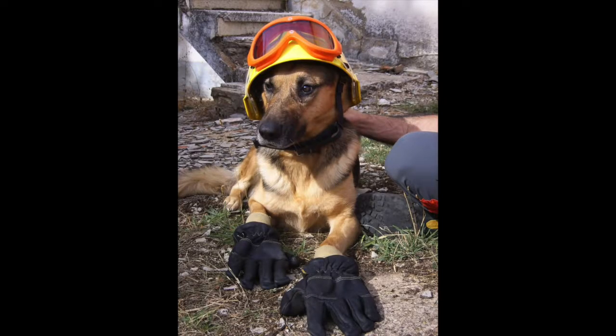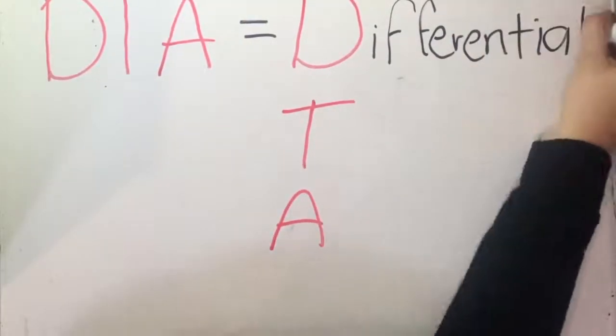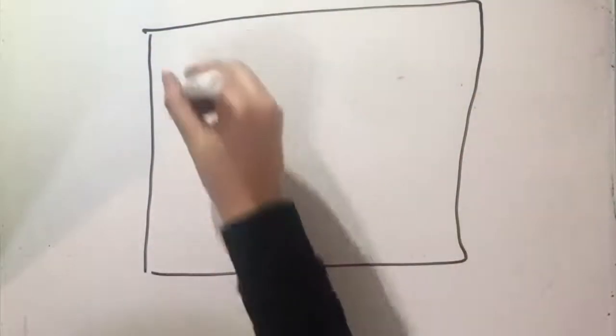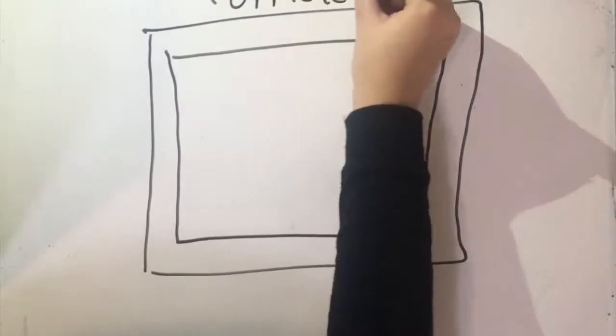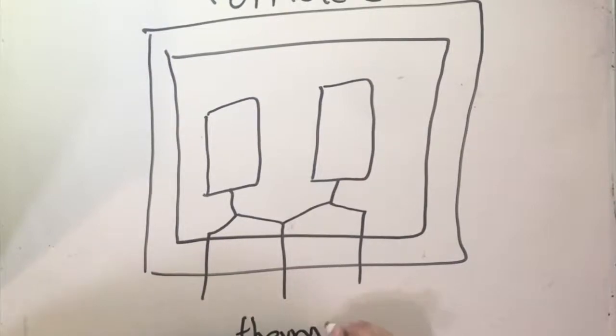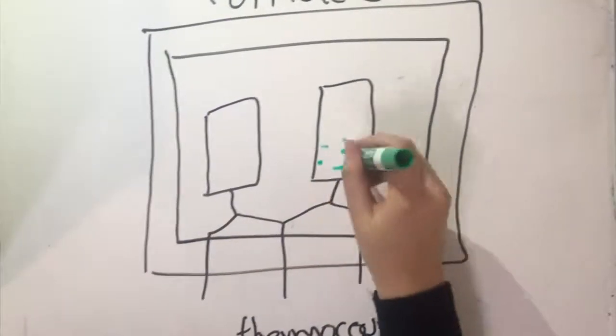No, if you want to analyze the thermal properties of your polymers, you should pay attention to what's next. DTA stands for differential thermal analysis. The system works by connecting two thermocouples to the voltmeter. One of these thermocouples is placed in an inert material, such as aluminum oxide, while the other is placed on the sample of the material under study. As the temperature increases, there would be a brief change on the thermogram that indicates a phase transition.